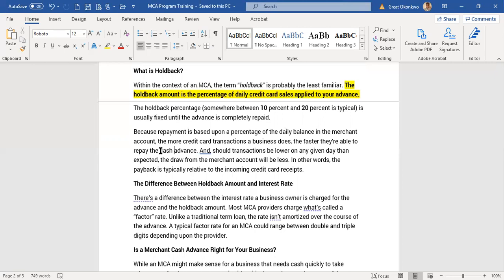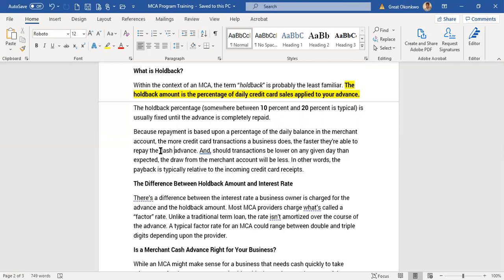So if you're bringing in $1,000 and your percentage is 10%, you're going to be paying back a lot more than if you're bringing in $100 a day, but it's the same percentage. So in other words, if they bring in $100 a day, they're paying less than if they're bringing in $1,000 a day. They're paying more.